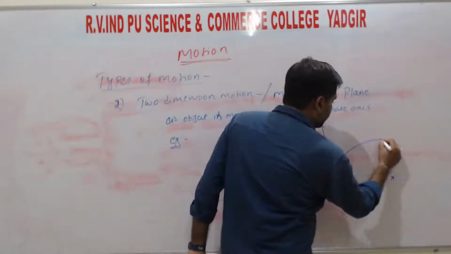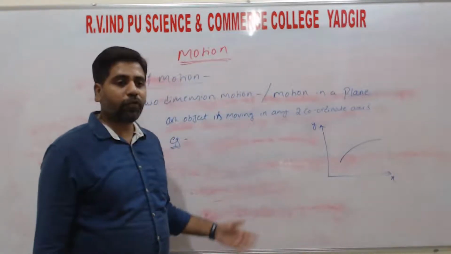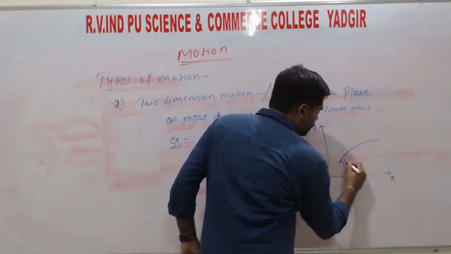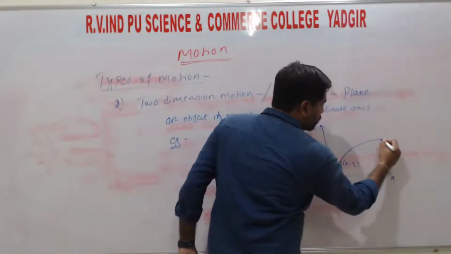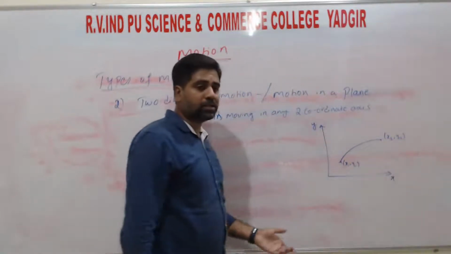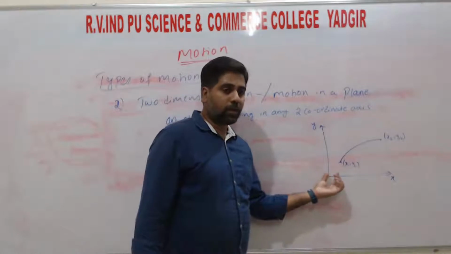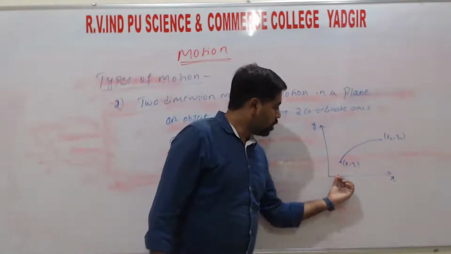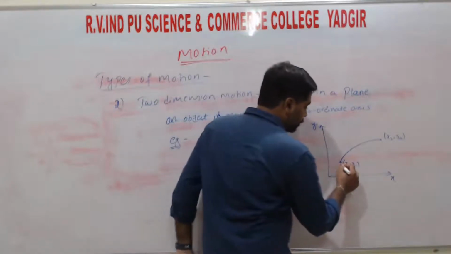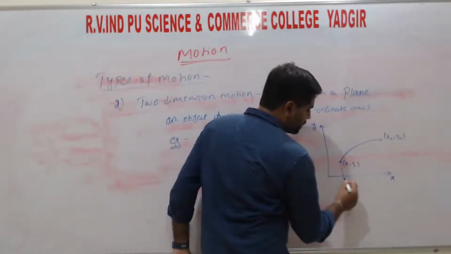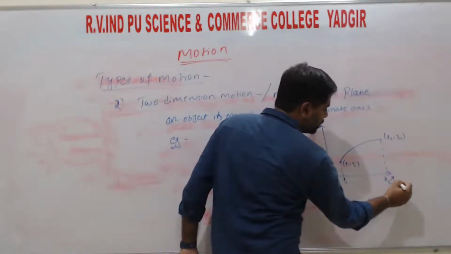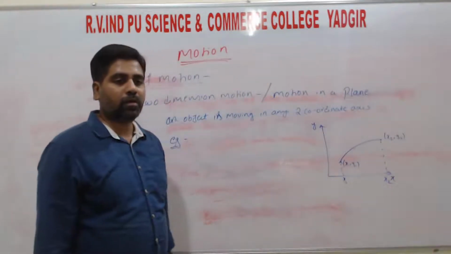Like this, right? If we hit a ball, initially it is at the coordinate x1, y1, and when it reaches here it will be at x2, y2. That means the object changes position along the x-axis and also along the y-axis. If you observe, the position changed along the x-axis is from x1 to x2, right?